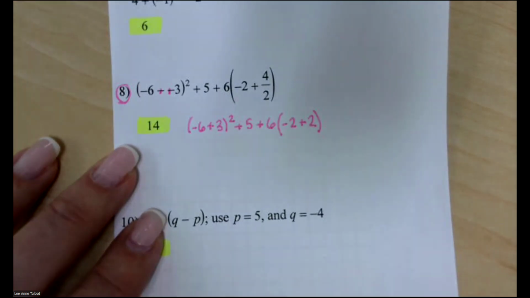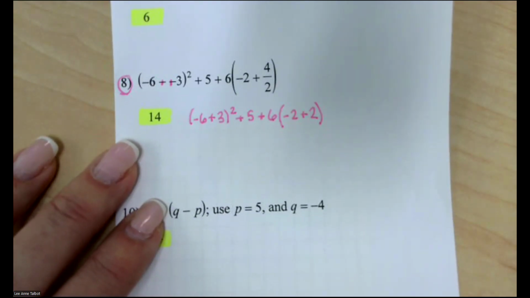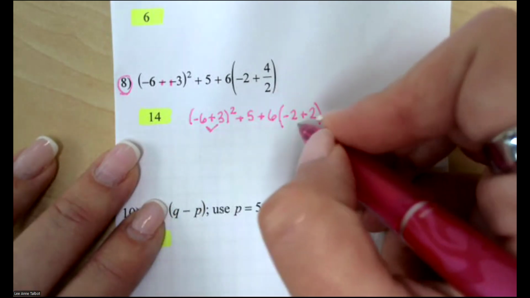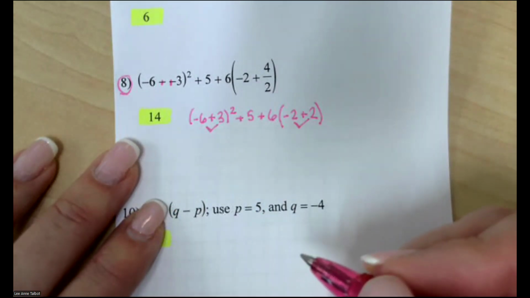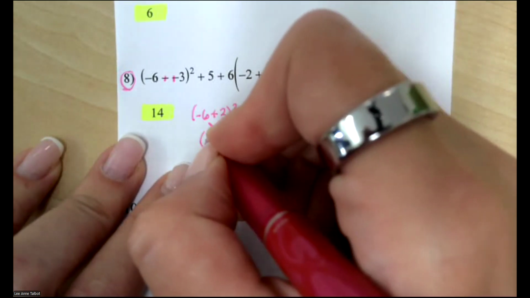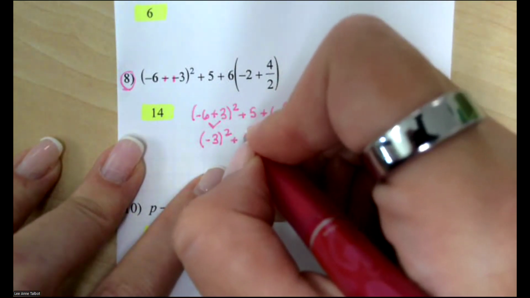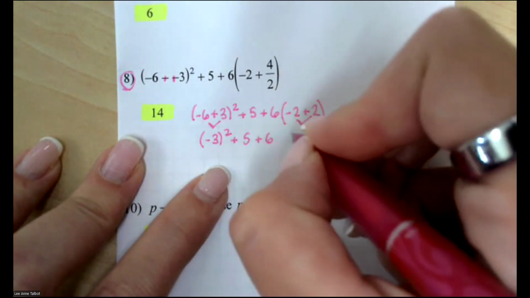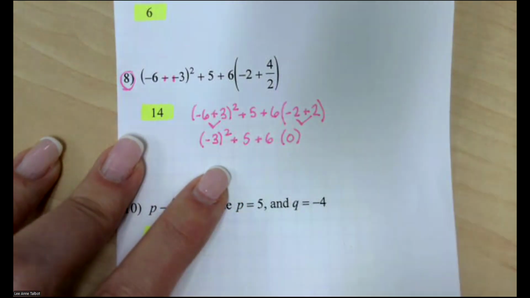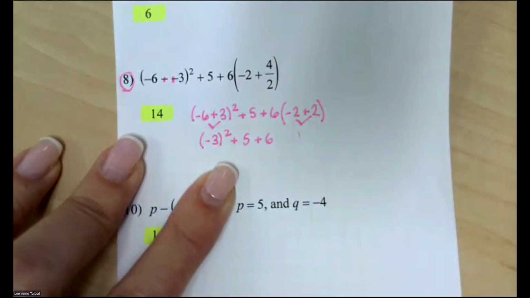Okay, are we good there? Okay, now I'm going to combine in the parentheses. So -6 plus 3 is -3 squared plus 5 plus 6, and -2 plus 2 is 0. So it should be closer to the 6. I'm far away.